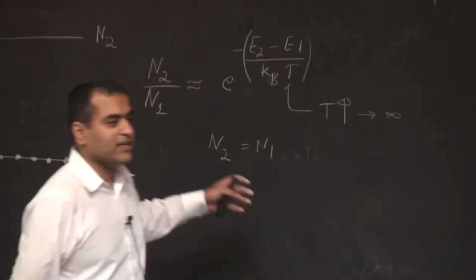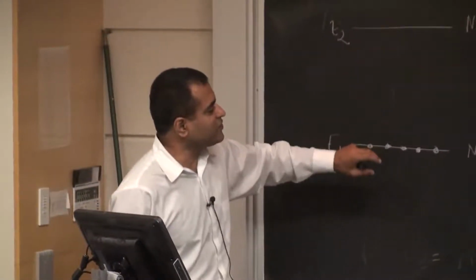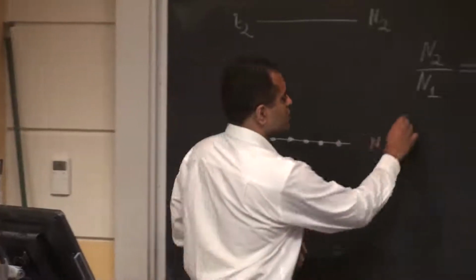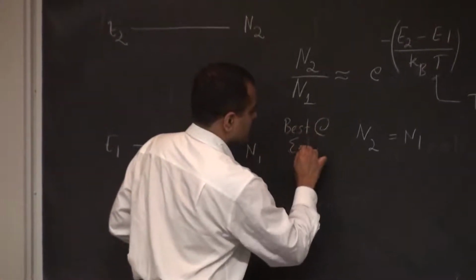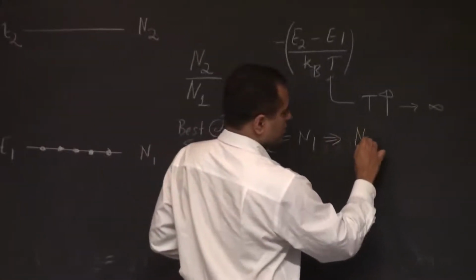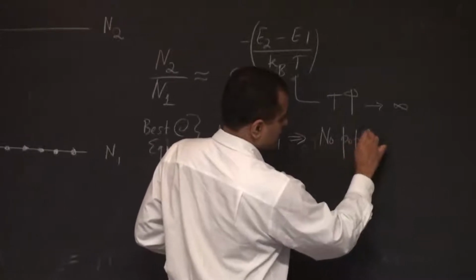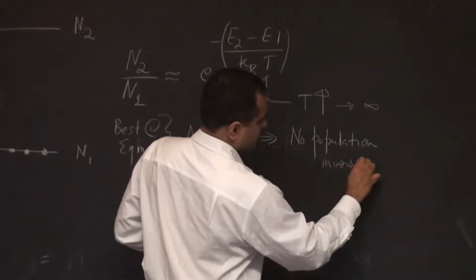And that's why I'm saying I'm going to optically excite it. There are a couple of other ways to excite it. Let me write it: the best at equilibrium is therefore no population inversion and no laser, because there's no gain.